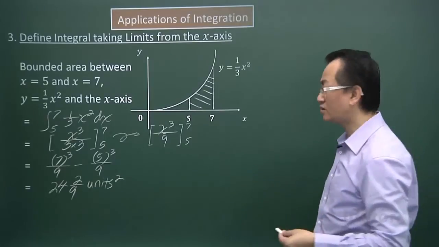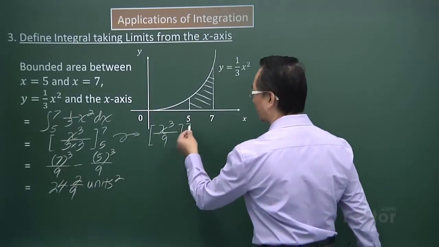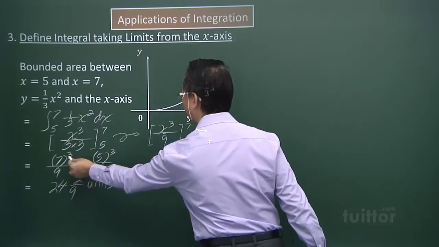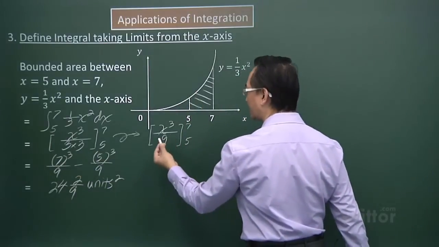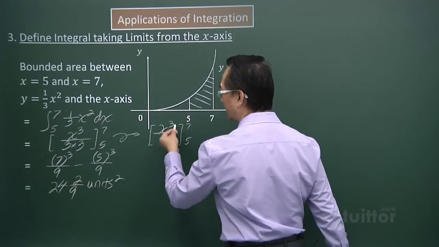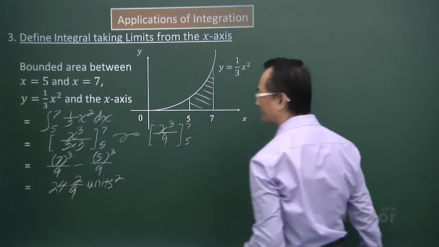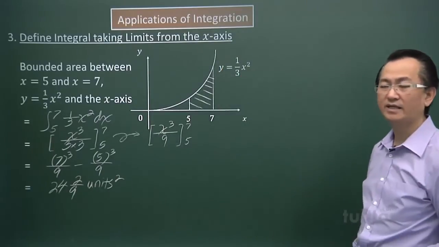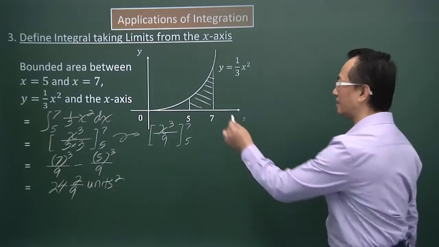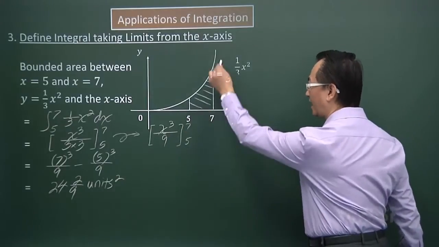And then for the substitution, the upper limit is put into the result of integration, and then minus of the lower limit put into the expression here. So the difference will be the area bounded by the limits, the x-axis, and the curve.